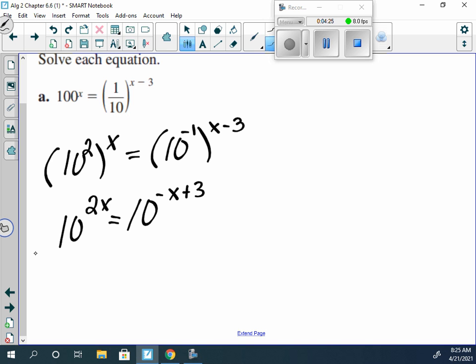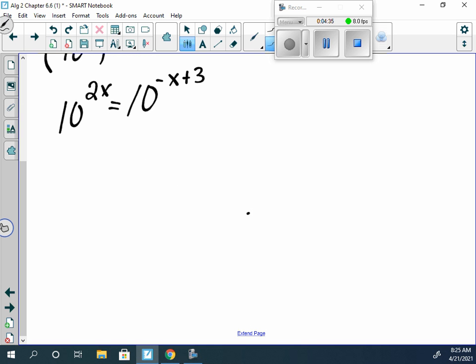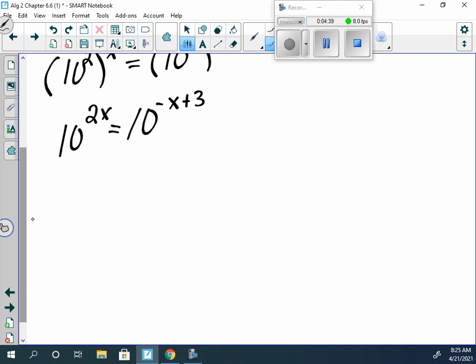So I have an equation where both bases are the same. Since the bases are the same, for these to be equal, the exponents must also be the same. So really we can say that 2x is equal to negative x plus 3.